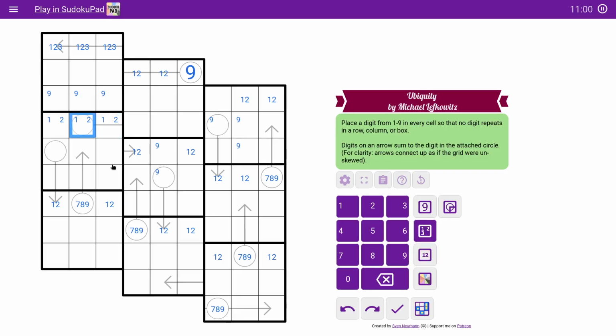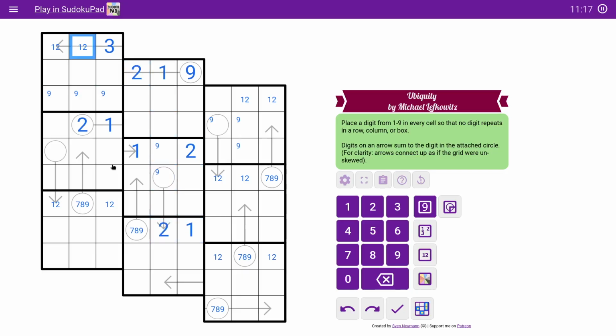Because if it's not, then this is a 2 and this is not a 1. Okay. Conclusion, that's a 3. Then I think we're exactly right. 2, 1, 1. Okay. That feels good.